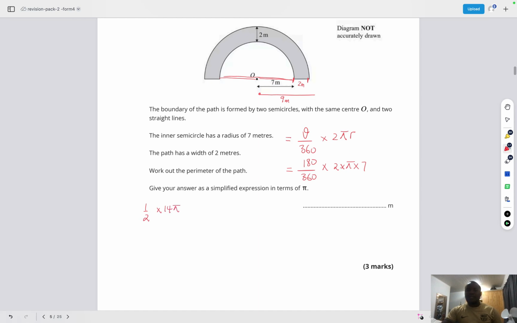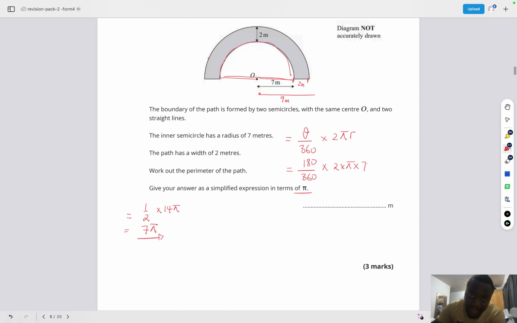We get 14 pi because 2 times 7 is 14, and the question says we must answer in terms of pi. So the arc length for the smaller one, from here to there, is actually 7 pi, if we do half of 14.